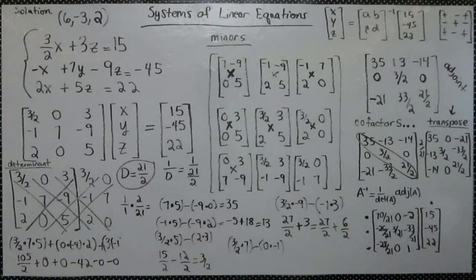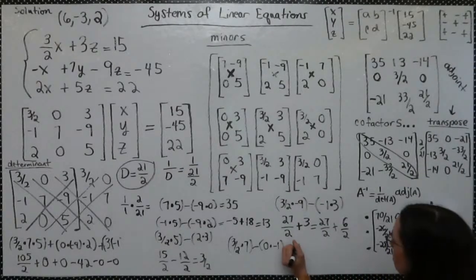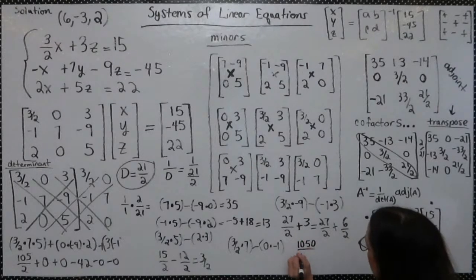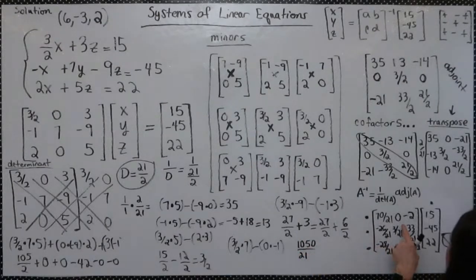So we'll put it here, 1,050 over 21 times plus 0 times negative 45 is 0, plus negative 2 times 22.